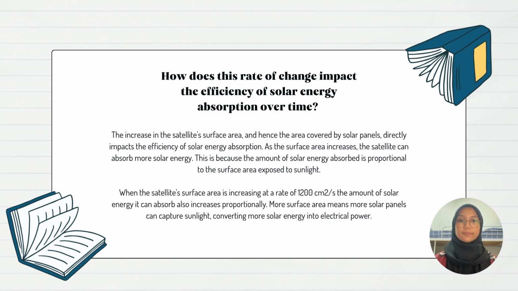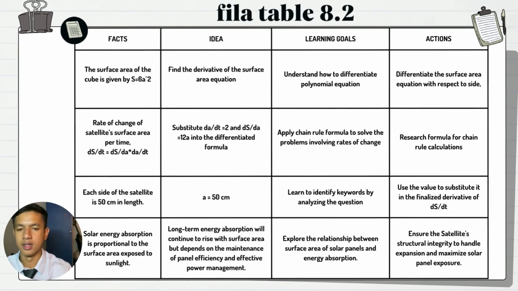When the satellite surface area is increasing at a rate of 1200 centimeters square per second, the amount of solar energy it can absorb also increases proportionally. More surface area means more solar panels can capture sunlight, converting more solar energy into electrical power.